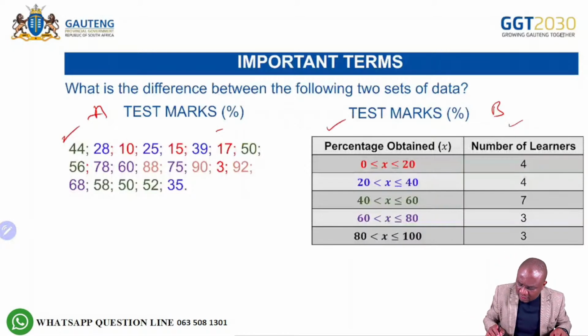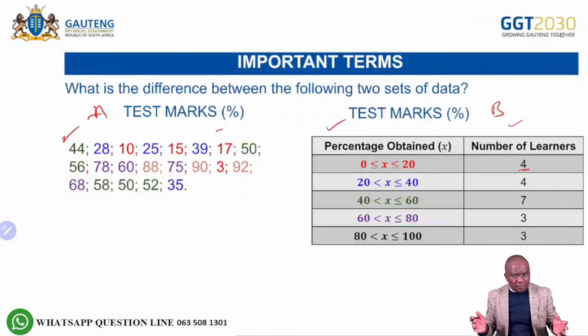We are saying there are 4 learners that got between 0 and 20. We don't know the actual marks. These 4 marks can be 10, 12, 16, 17. We don't know. It can be 19, 19, 19, 19, 4 of them.